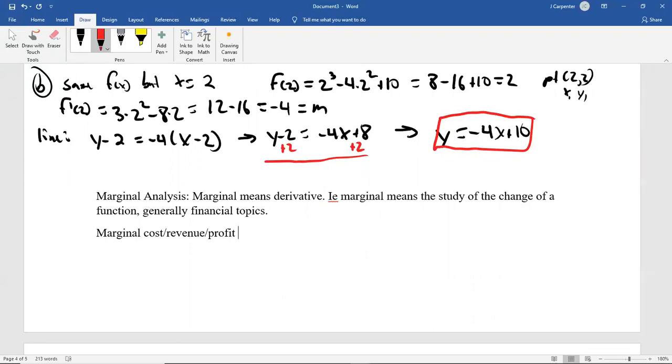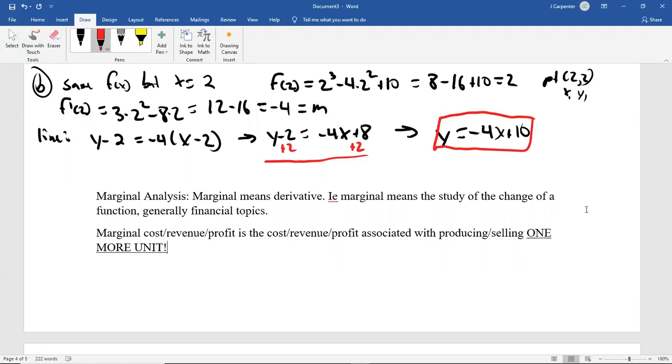So marginal cost or marginal revenue or marginal profit, there are three main ones that we talk about, is the cost, revenue, profit associated with producing or selling one more unit. In fact, the one more unit, I want to have in all caps, underlined, and exclamation marked.